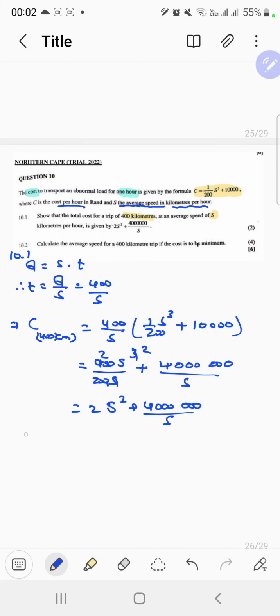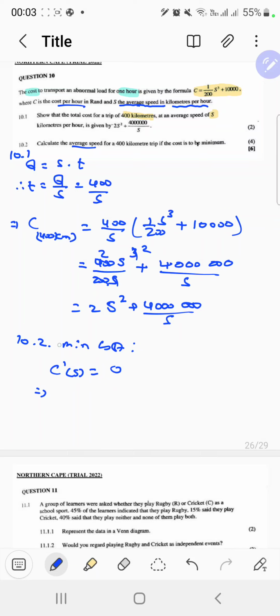Forgot to label. So 10.2. It says now, calculate the average speed for a 400-kilometer trip if the cost is to be a minimum. Of course, we can just say for a minimum cost, it is such that C prime of S, because we can see that this expression is in terms of speed S. So C prime of S is going to be equal to 0.